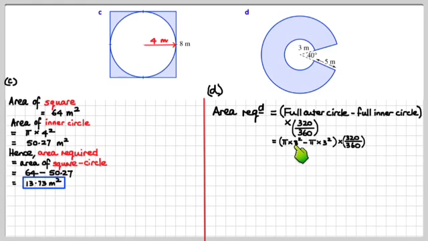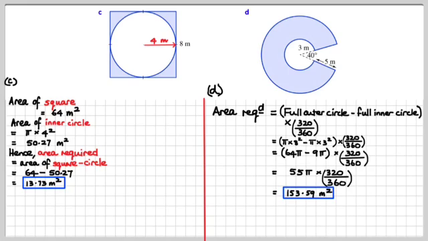So therefore the full outer circle is going to be pi times the radius, which is 3 plus 5, comes to 8 squared, minus pi times 3 squared, that's the smaller inner circle, and then times this fraction we've been talking about, 320 360ths, yes, and that comes to that, and when you work it out on the calculator, we will get 153.59 square metres, yes?